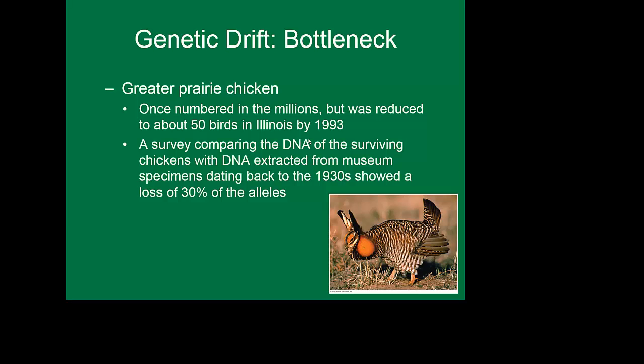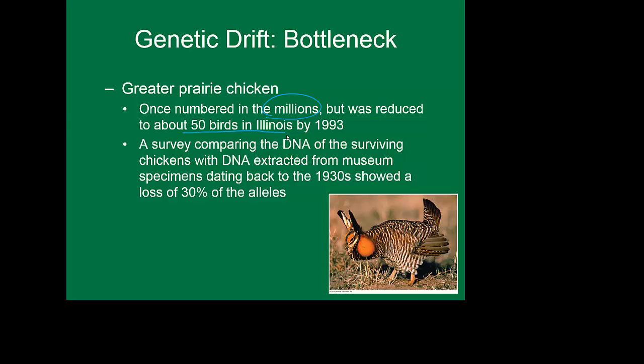We see these bottleneck effects in nature. Like I said, the greater prairie chicken is one that has been studied extensively. But what's interesting, they used to number in the millions, but in 1993 they counted 50 prairie chickens in Illinois.